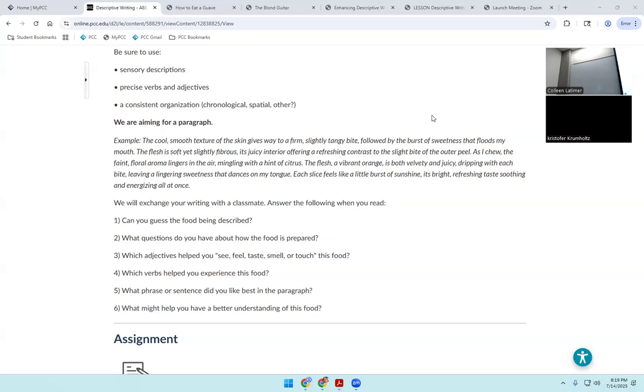Yeah, the way that she's describes the sauce. The description is good.